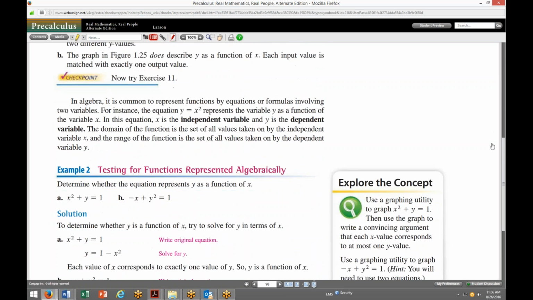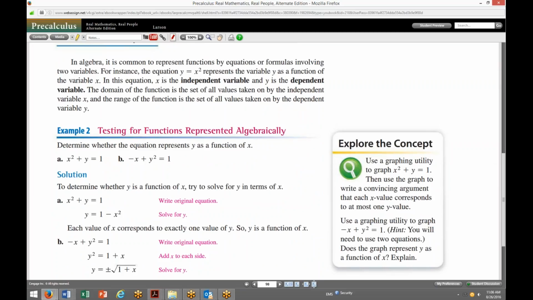Now, a couple of other terms right here: independent variable, dependent variable. We speak of the x variable if we are understanding the variable y to be a function of x. That's a key point right here. If we're in the realm of understanding the variable y as being a function of x, then y is the output value, x is the input value, the set of y values is the range of the function, the set of x values is the domain of the function, and we can furthermore say that x then is known as the independent variable and y the dependent.